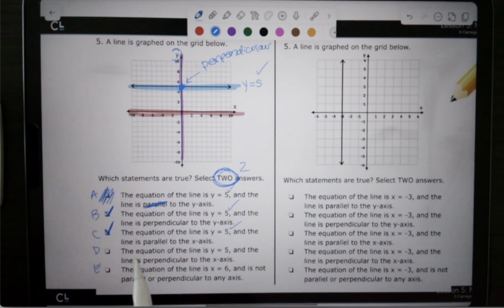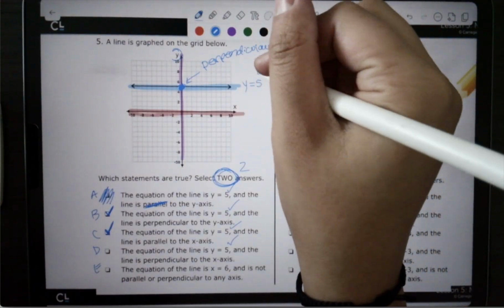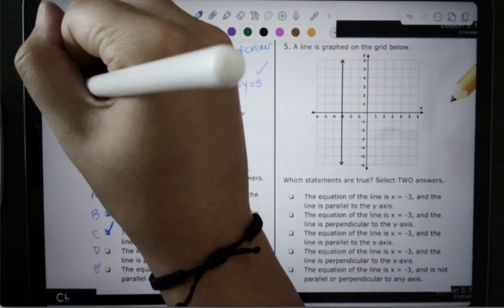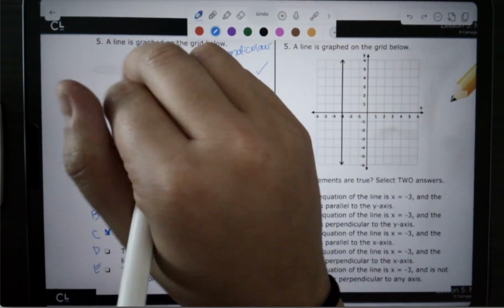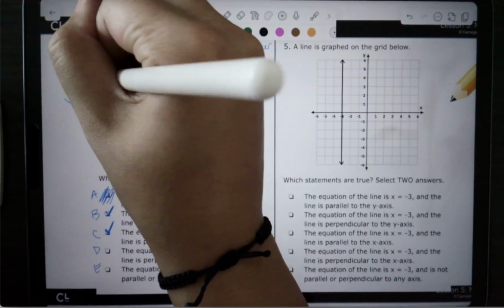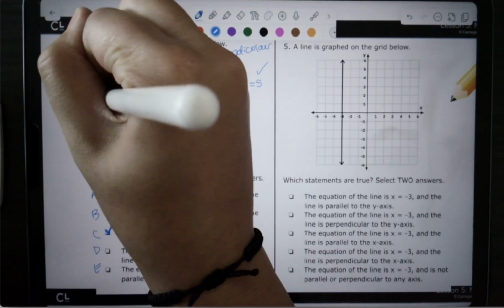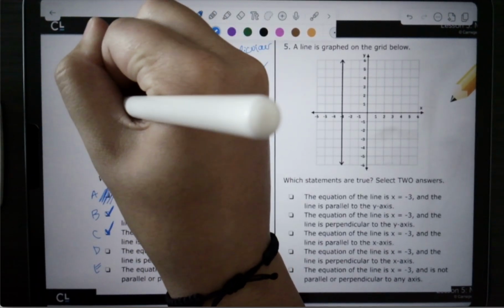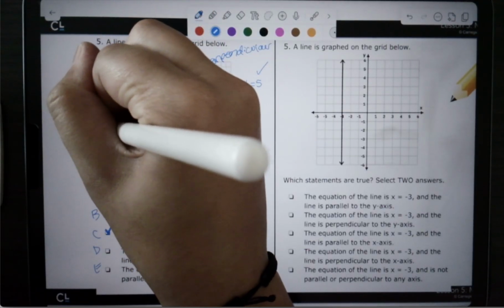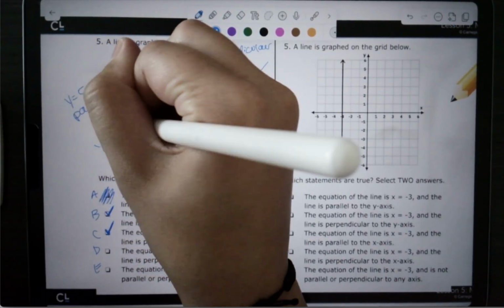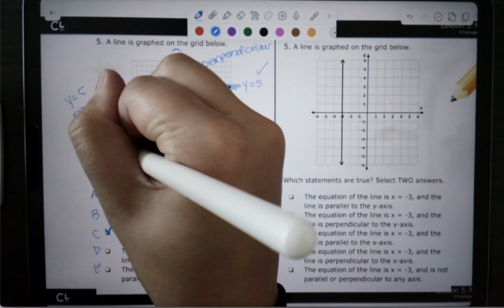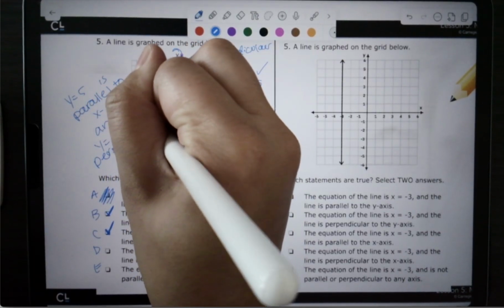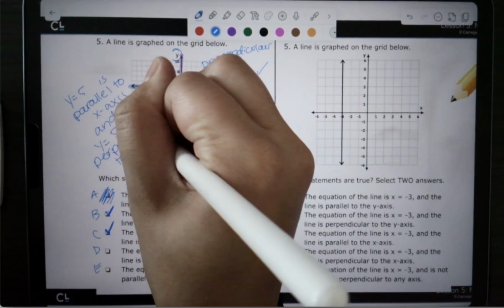If we look at D, the equation of the line is y equals 5, that's good, and the line is perpendicular to the x-axis. But we already know the blue line, or y equals 5, is parallel to the x-axis, and y equals 5 is perpendicular to the y-axis.